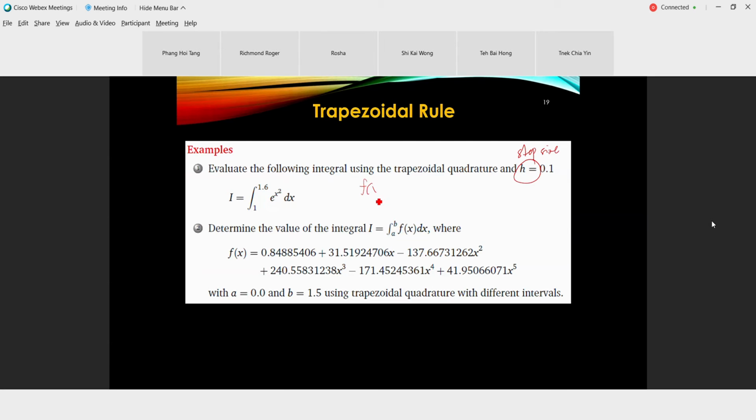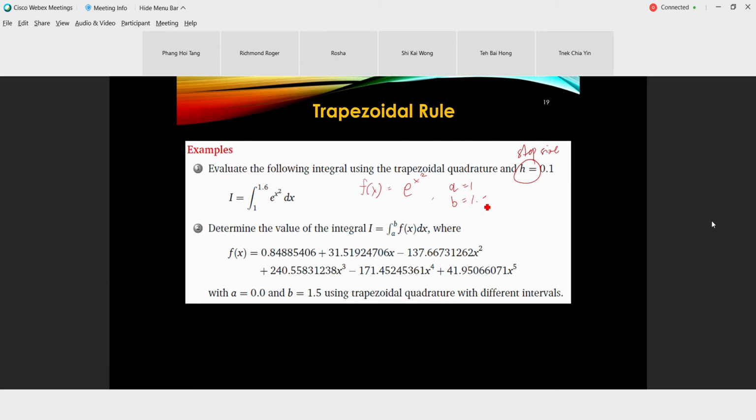E power of x squared. Okay, this is the function. Good, Arif. What is the value of the lower boundary? One. Okay, A is 1, B is 1.6.